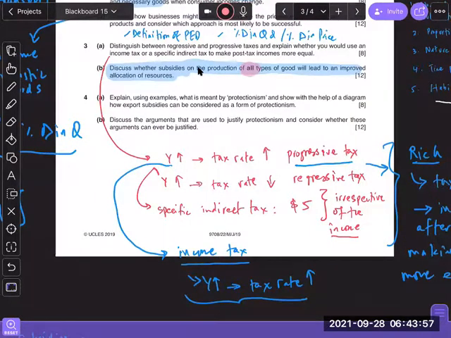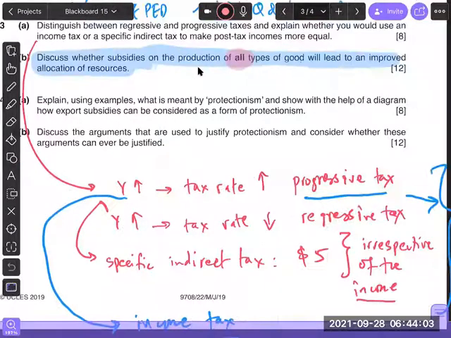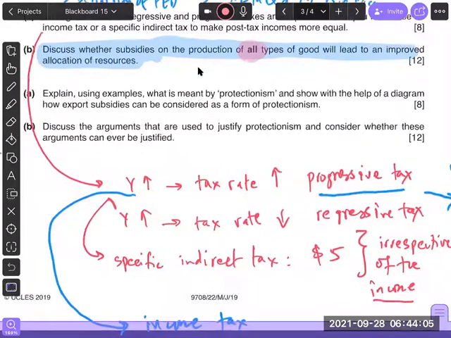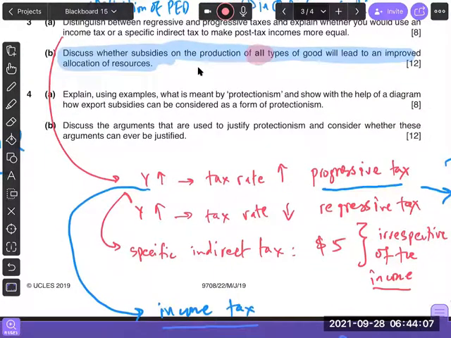Okay, now I'm going to move to number 4. Explain using examples what is meant by protectionism and show with the help of a diagram how export subsidies can be considered as a form of protectionism. So guys, export subsidy is a good discussion to have, but first, Munir is asking, what do we mean by provision?